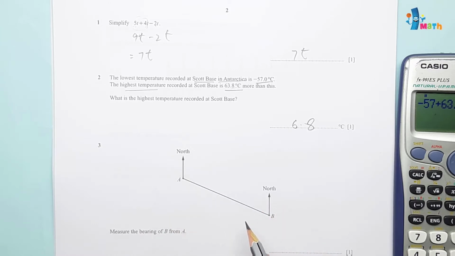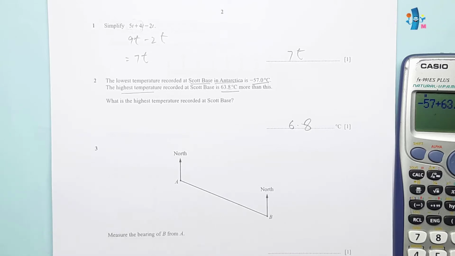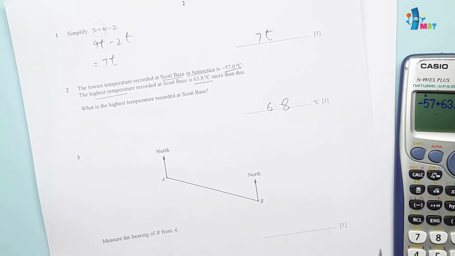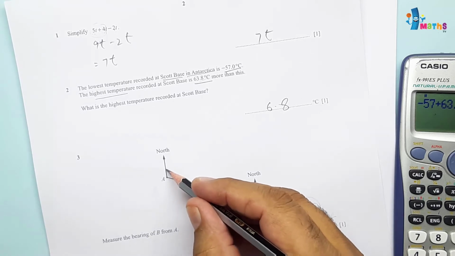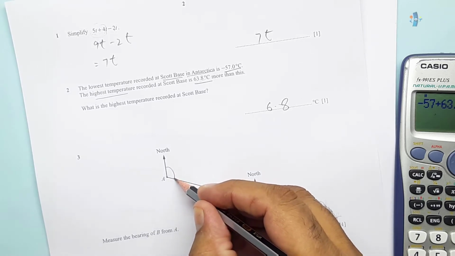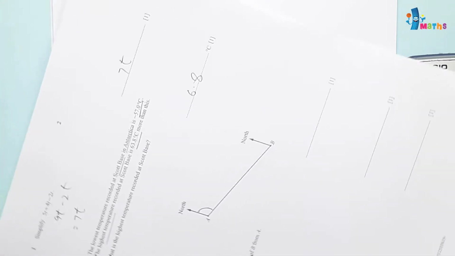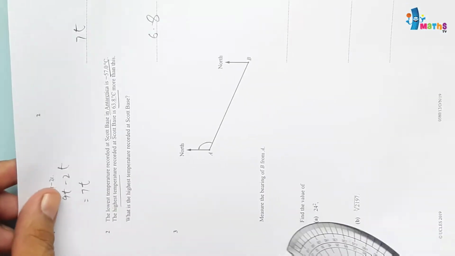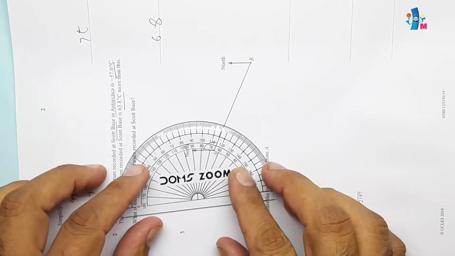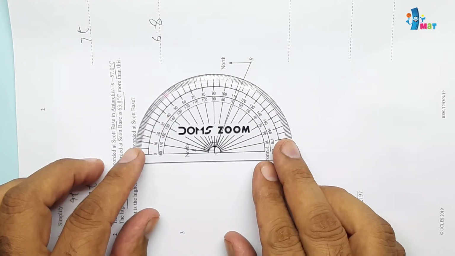Question number 3, points A and B are given. We have to measure the bearing of B from A. So the bearing of B from A will be this angle, and we have to measure this angle. So we can turn it like this and put a protractor over here.